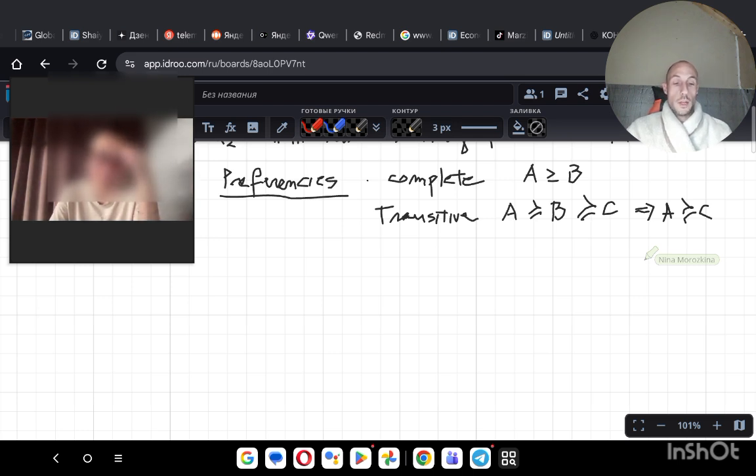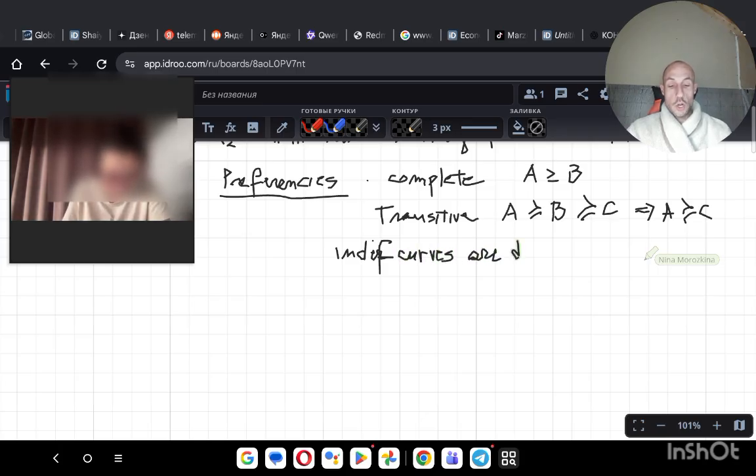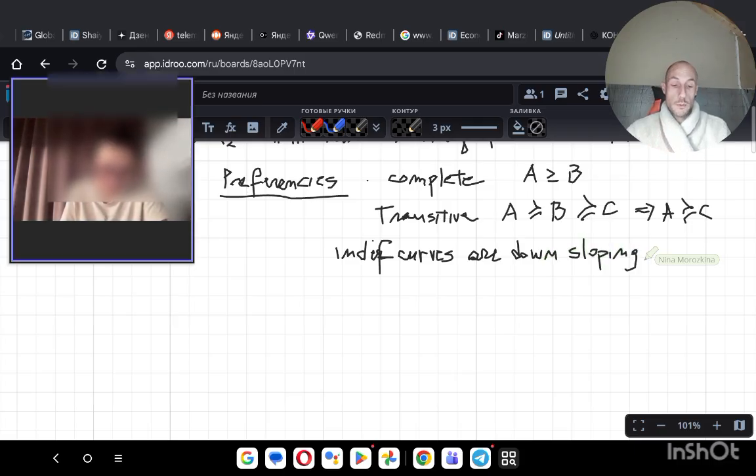Okay, roughly speaking, mathematically, this is a convex curve. In economics, this is convex, but it is convex to origin, okay?